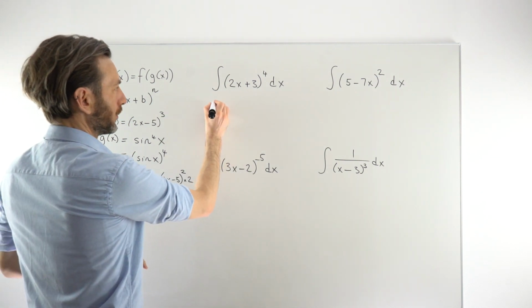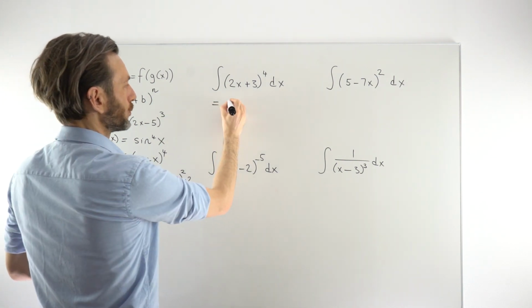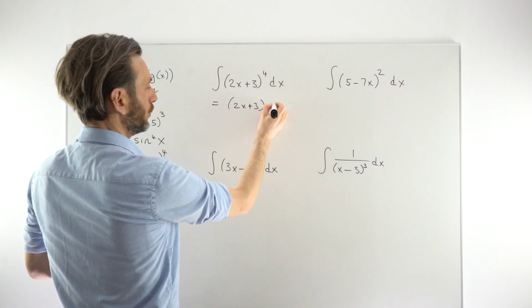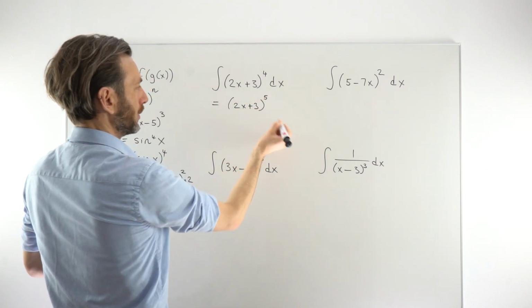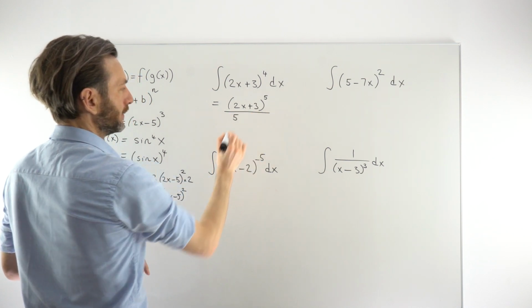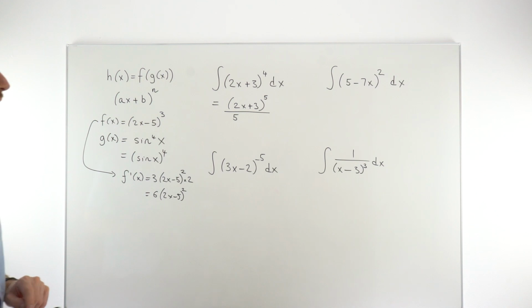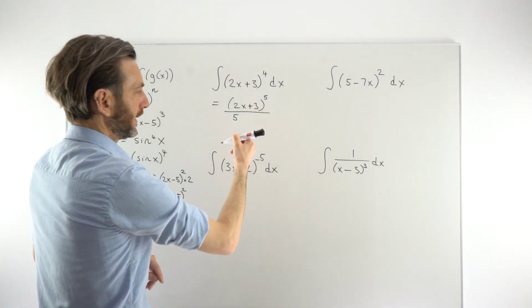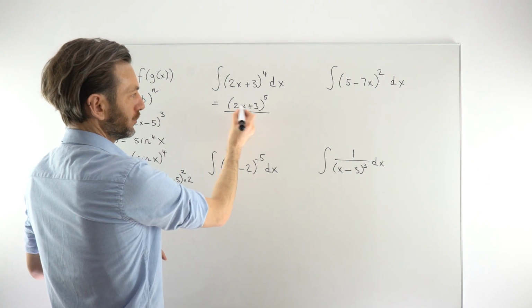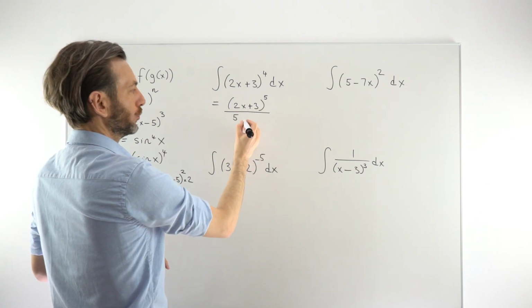We're just going to start by reversing the chain rule, which means we increase the power by 1. Just like normal power rule integration, we divide by that new power, so I'm going to write that over 5. The thing that makes it the chain rule is that we also divide by the derivative of the inside of the bracket. The derivative of 2x plus 3 is, by the power rule, 2.